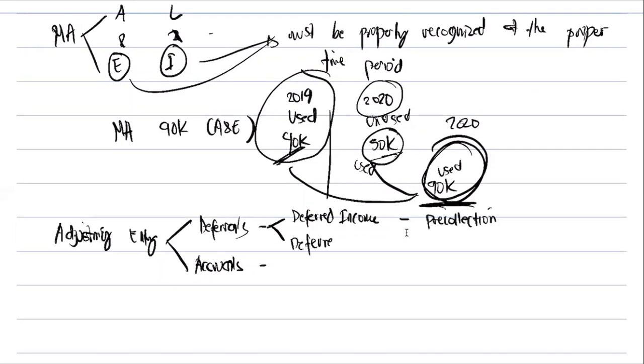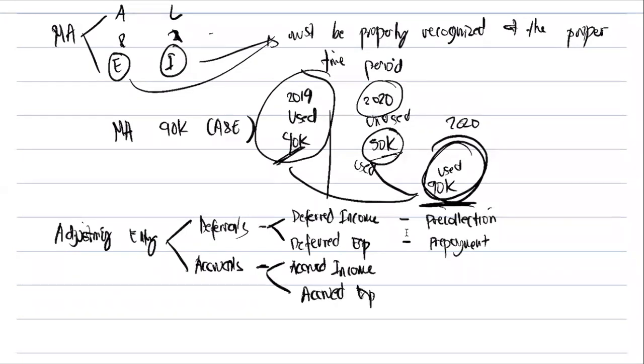We also have your deferred expense, also known as your prepayment. For your accruals, we have your accrued income and accrued expense. Okay, so take note, in every adjusting entry, we need to ensure that the revenue recognition principle and your expense recognition principle is properly met. At the same time, it is recorded in the proper period.